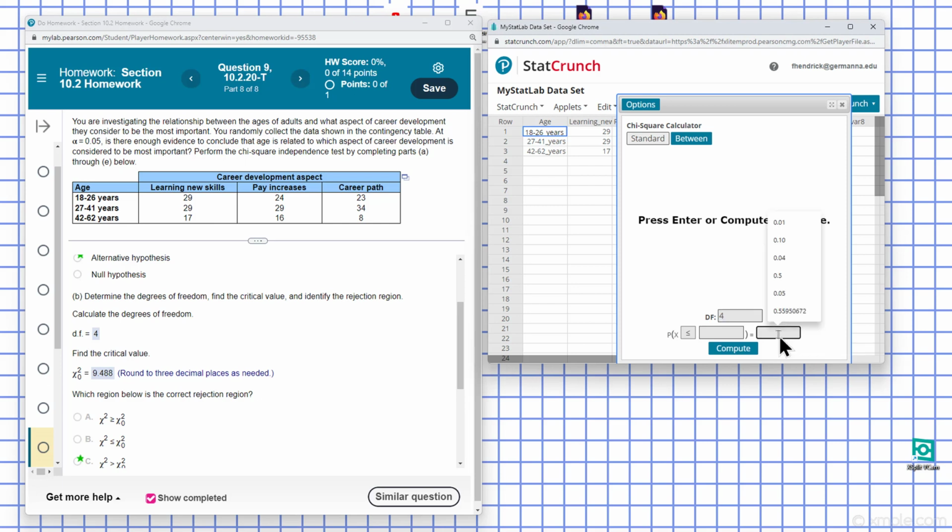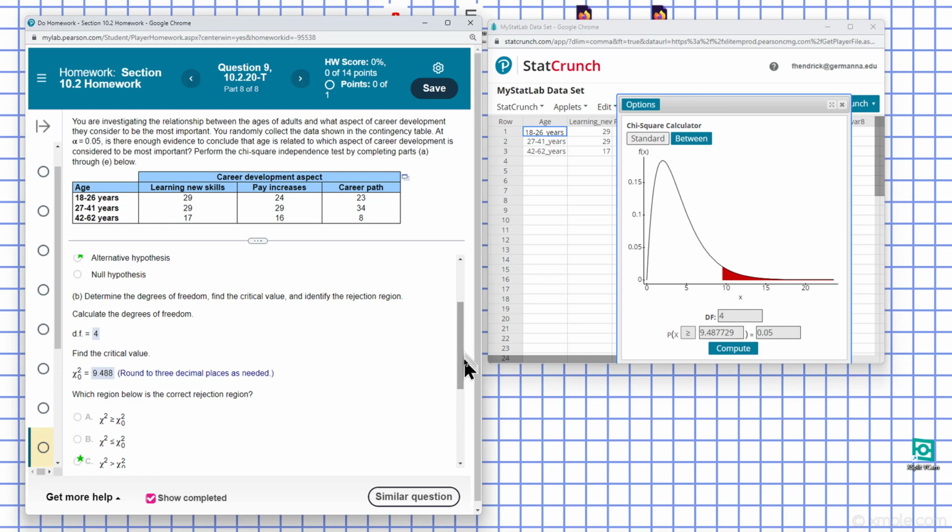Our area underneath the curve is going to be 0.05, and we're interested in the right side, always the right side there. And it gives us our rejection region here. And there's our critical value at 9.4877. That's our critical value there.